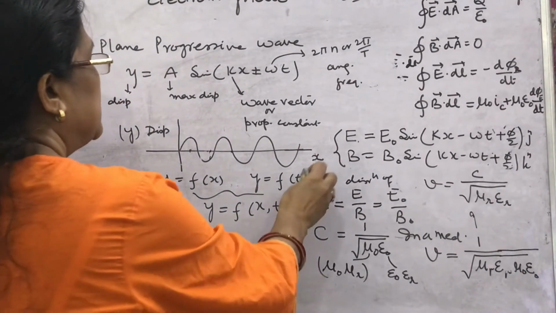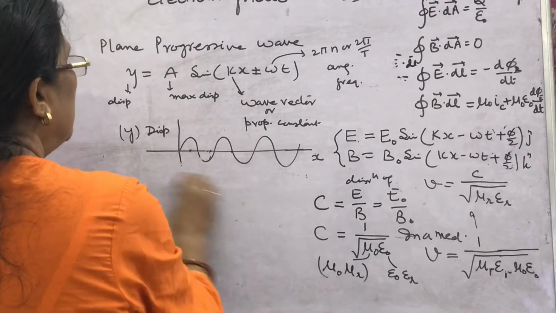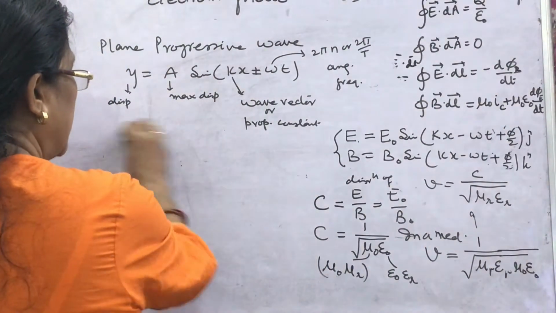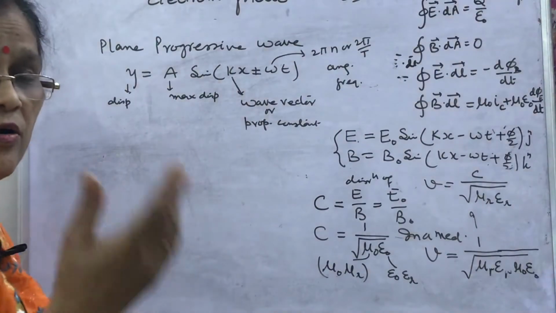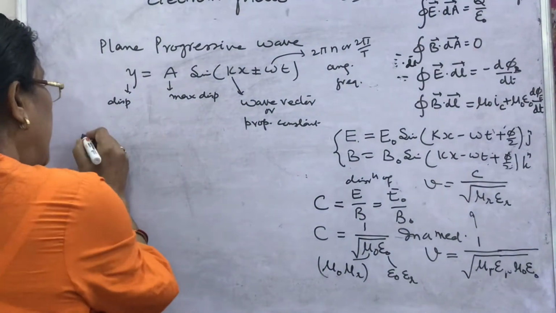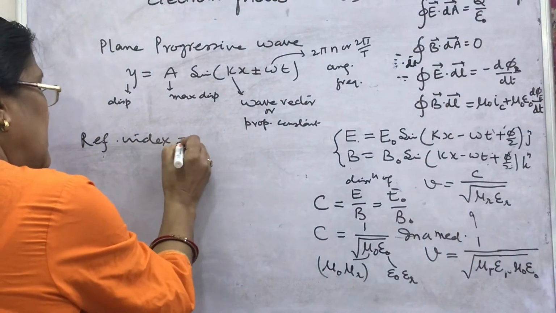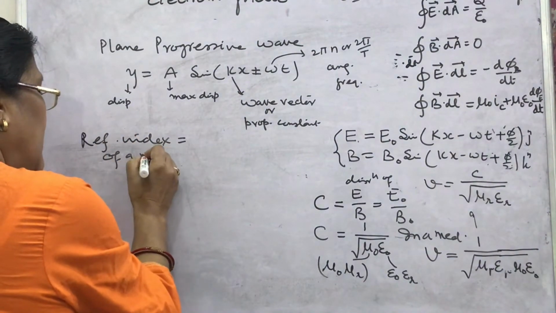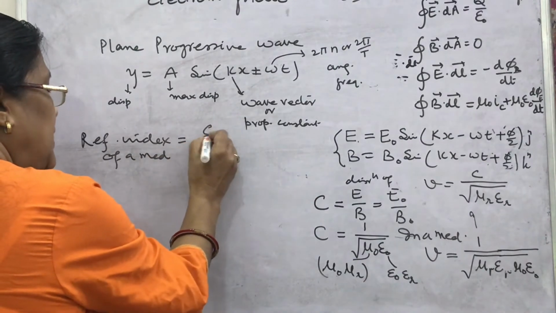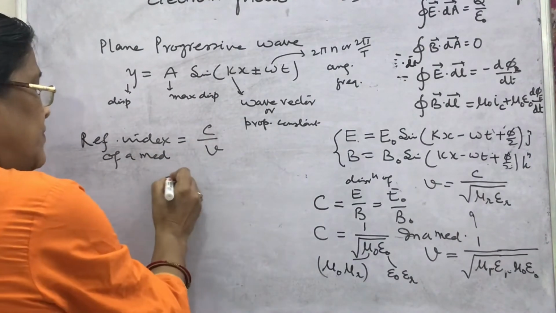Based on this, one more question is asked. In optics we have read that the refractive index of a medium is given by c upon v. Then what will you write?